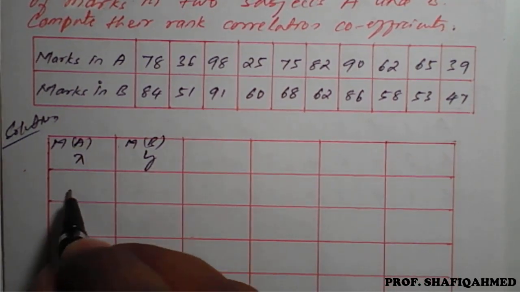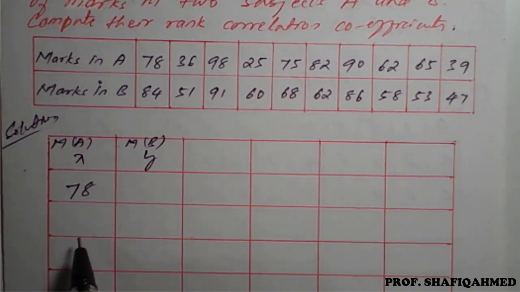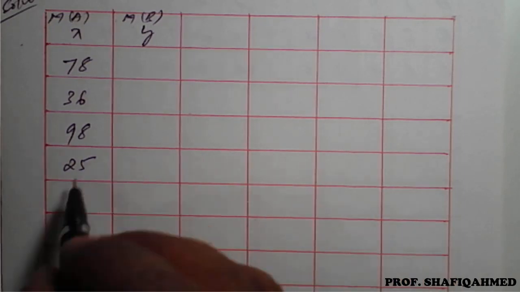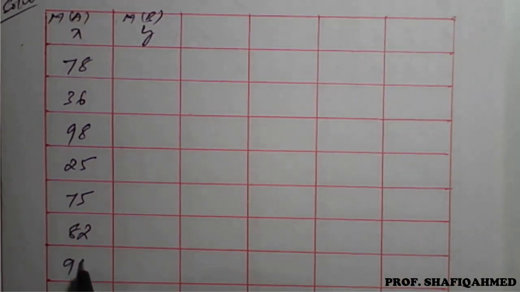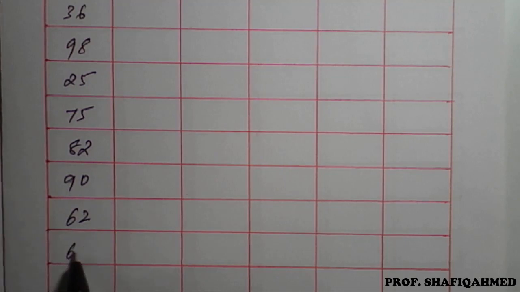As it is we'll take it, that is 78, then 36, 98, 25, 75, 82, 90, 62, 65 and 39.